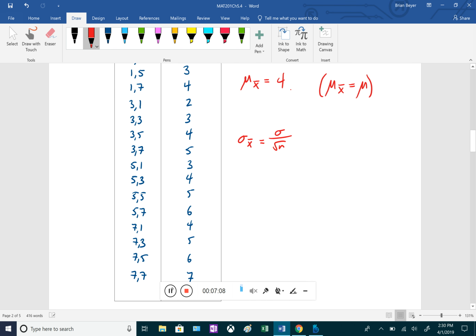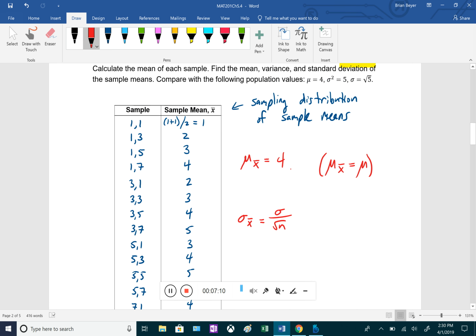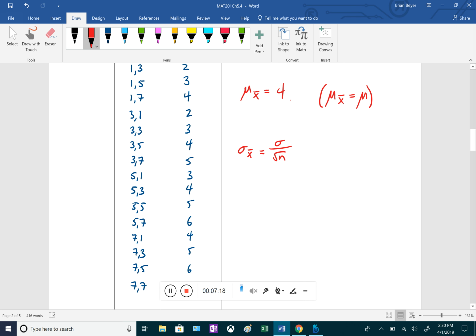So it's going to equal this, which is given to us. Sigma, the population standard deviation. So that's going to be radical 5 over the square root of n. n is the sample size of each one, which was 2. So this is going to be about 1.581.